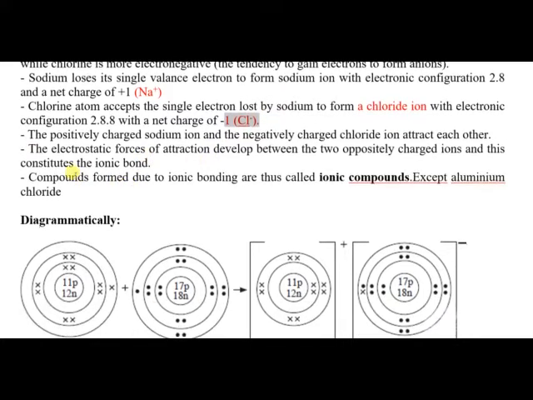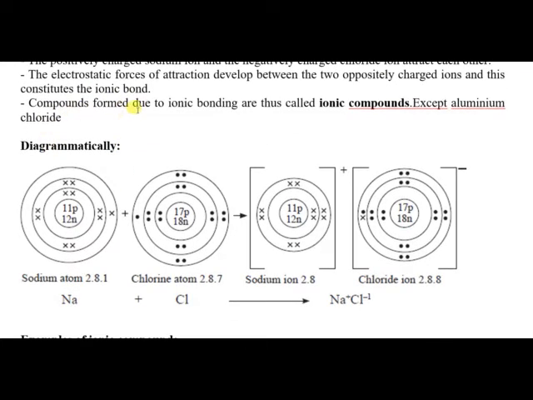Very good. So the positively charged sodium ion and the negatively charged chloride ion attract each other. The electrostatic force of attraction develops between the two oppositely charged ions, and this constitutes the ionic bond. Compounds formed due to ionic bonding are called ionic compounds.